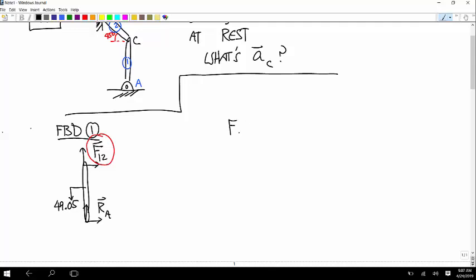And then free body diagram for member 2. There's a weight here of 49.05. Here there's a force on 2 by 1, so that's negative F1,2. And then here there's a contact force. Since that's a frictionless contact, that's just a horizontal force. I'll call that RB.